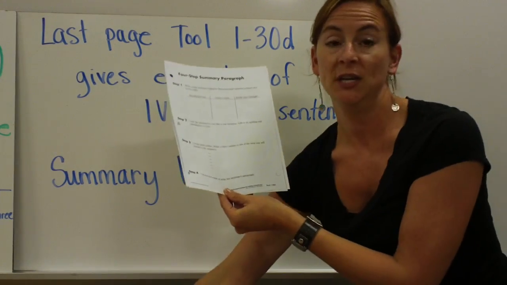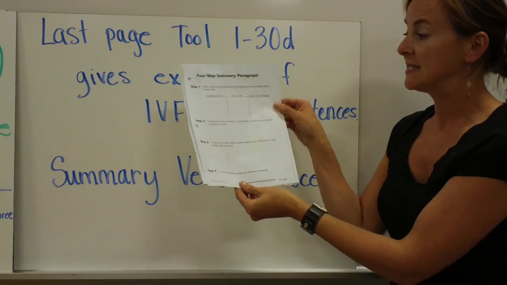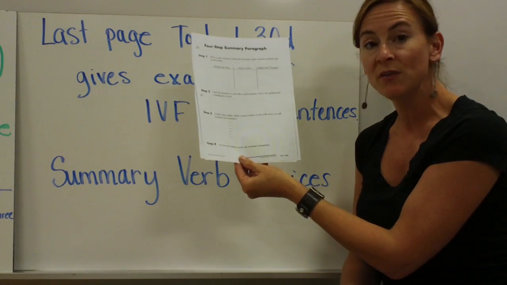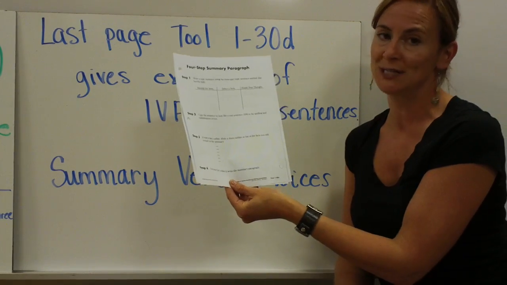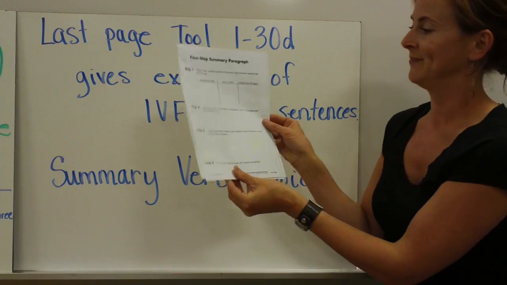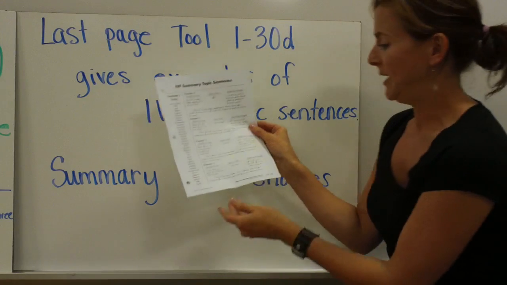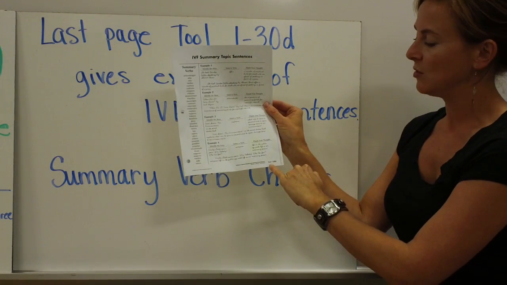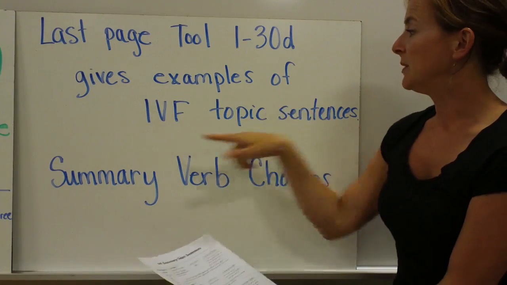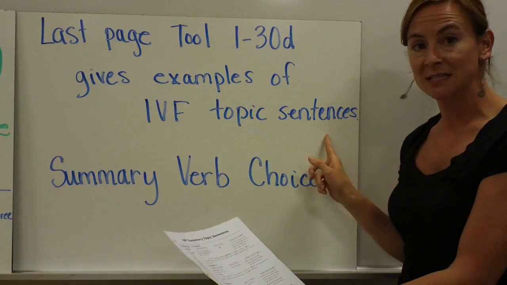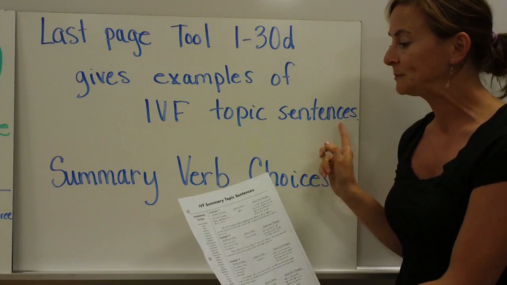The next page in your toolbox packet is a blank 4-step summary form, which you will be referring to when you write your own objective summaries. The very last page, you will notice at the bottom right-hand corner it says Tool 130D, gives examples of IVF topic sentences, so you can see them broken down.